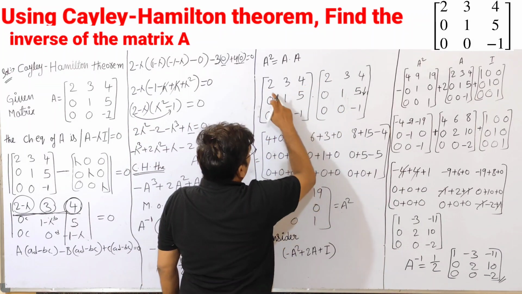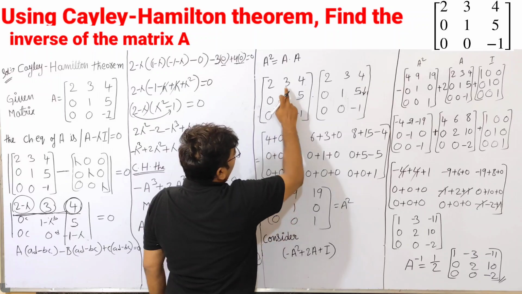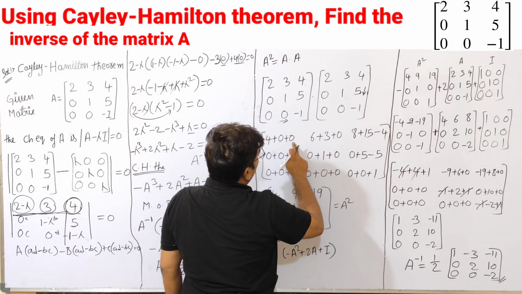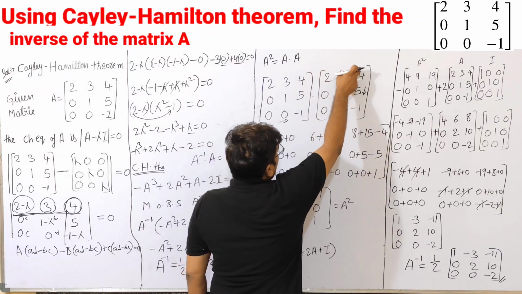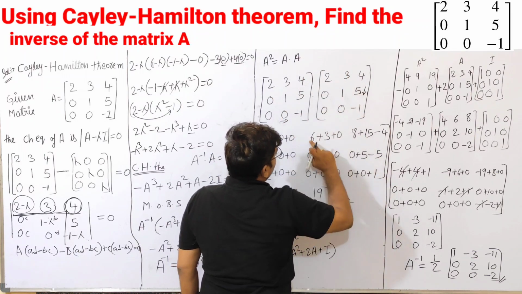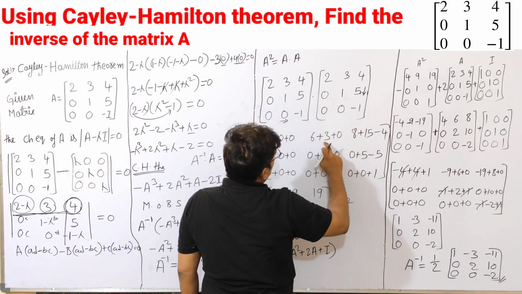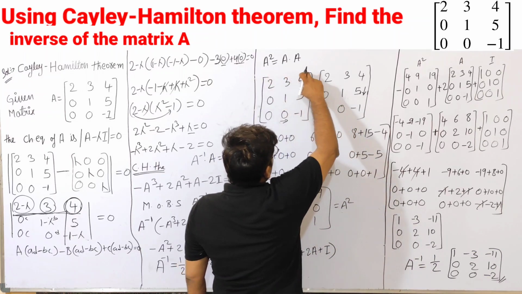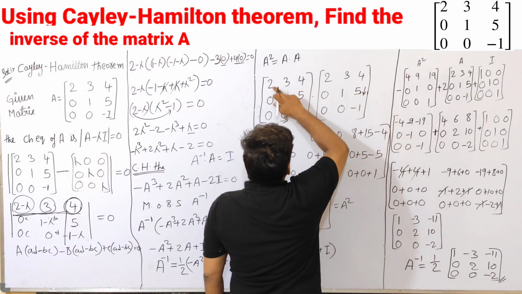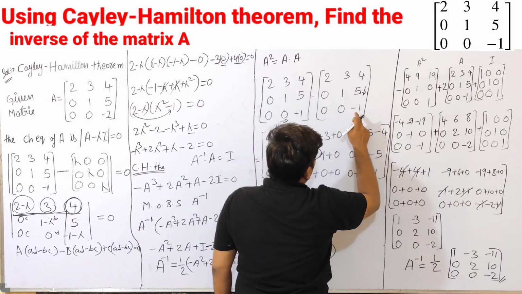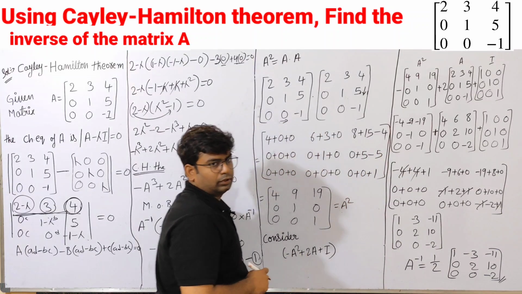I got this. 2 into 2, 4. 3 into 0, 0. 4 into 0, 0. Again, row into second column. 2 3s are 6, 3 1s are 3, 4 0s are 0. Again, row into third column. 2 4s are 8, 3 5s are 15, 4 1s are minus 4.